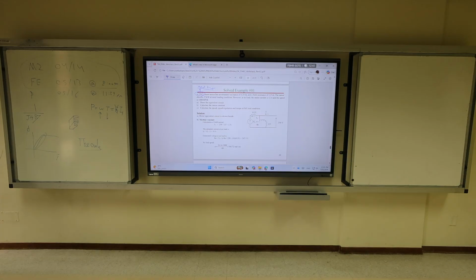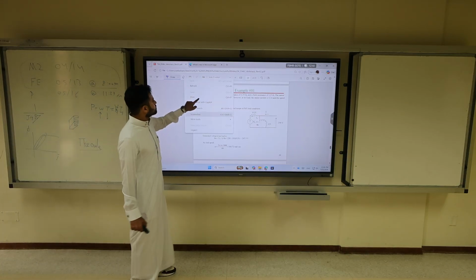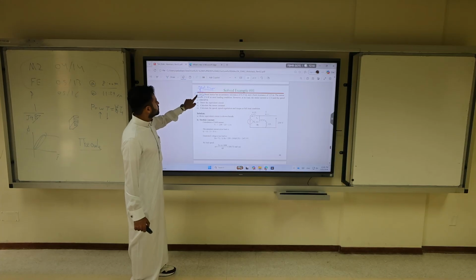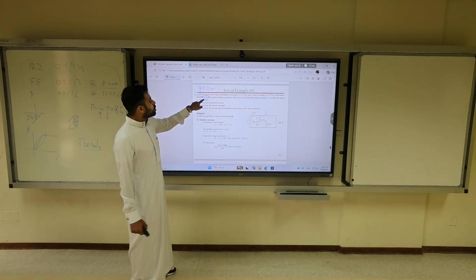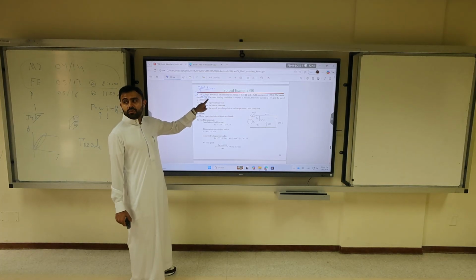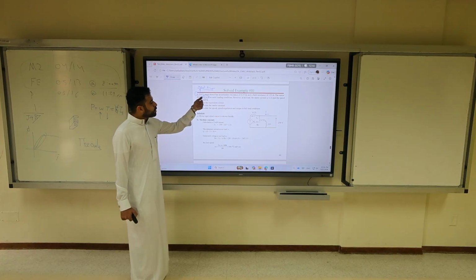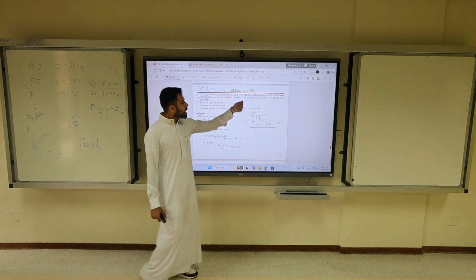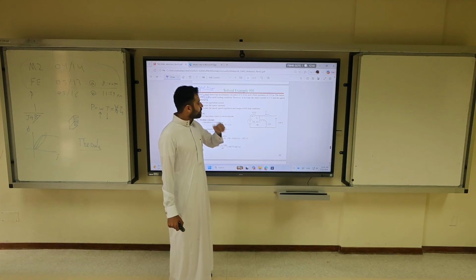Oh, no. My bad. So the motor absorbs an input power of 25 kilowatts. This is input power, 25 kilowatts. So a 250 volt shunt motor has armature resistance of 0.25 and field resistance of 125.